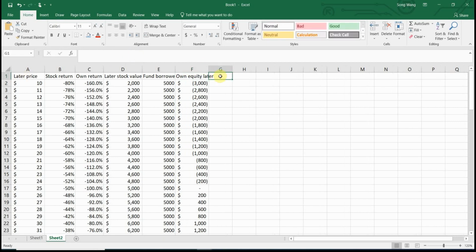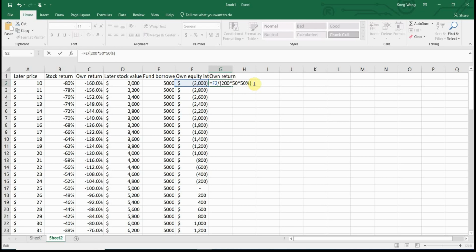And then you need to get your own return. That's going to be the same result, and this is going to be your equity later minus whatever you started with. You bought 200 shares at $50 per share, and then 50% is from your own pocket.